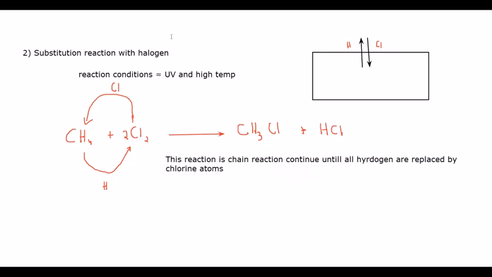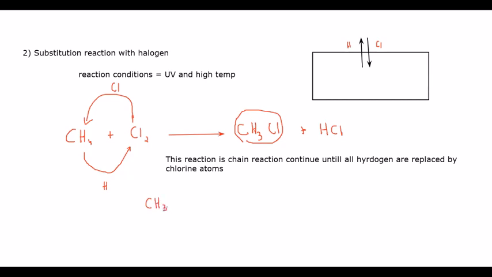So first, it was CH4. It reacted with chlorine. One chlorine enters, one hydrogen is replaced. So what are we left with as product? We are left with CH3Cl plus HCl. Then this product still has hydrogen, so it will react with another chlorine molecule.